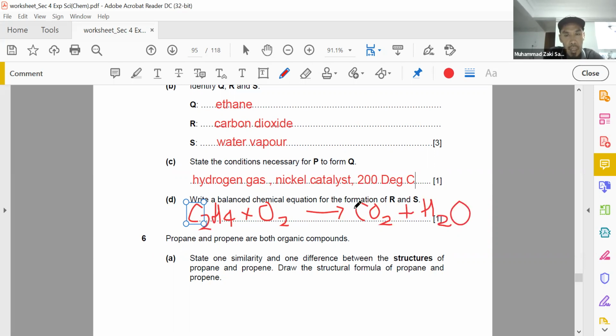Again, balance carbon first. Hydrogen is 4 here, equal 2 here. Lastly, the oxygen. You have 4 plus 2 oxygen to be 6 oxygen on the right side, and you must make the left side 6. How can you do that? Write down 3 here. Okay. All right.